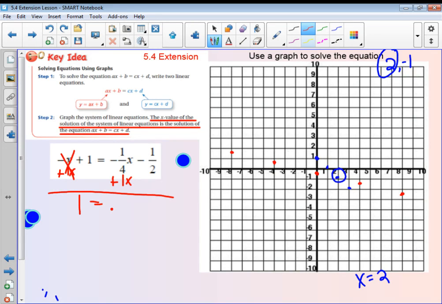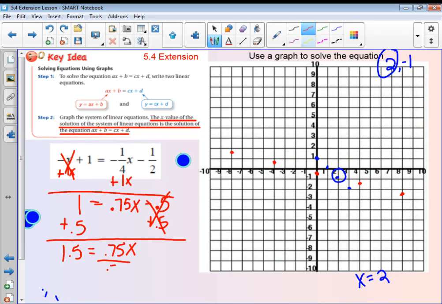This is going to give me 0.75x or 3/4 x minus, I'm going to change this to 0.5. So we'll do a plus 0.5 plus 0.5. I get 1.5 here equals 0.75x. So divide by 0.75. Divide by 0.75. So 1.5 divided by 0.75 gives me 2.